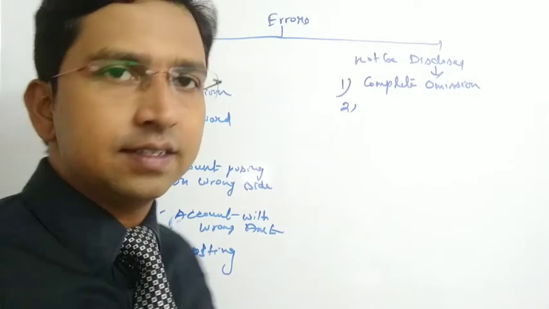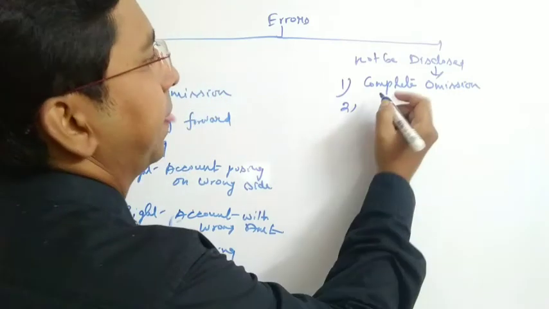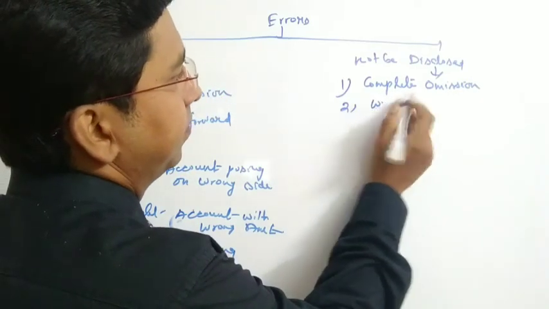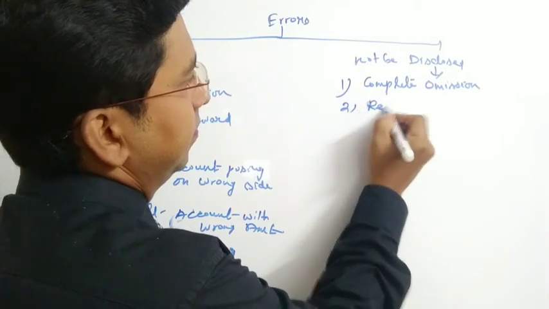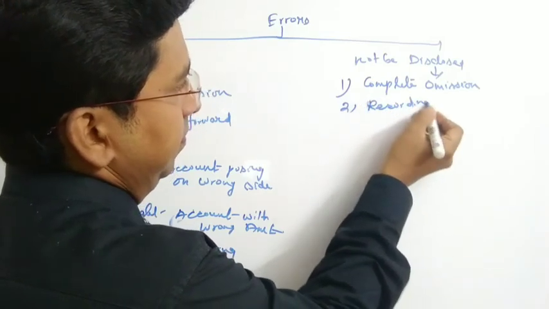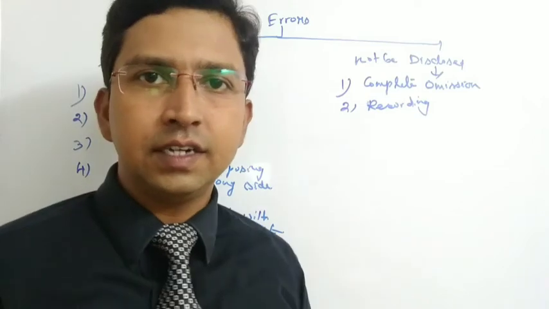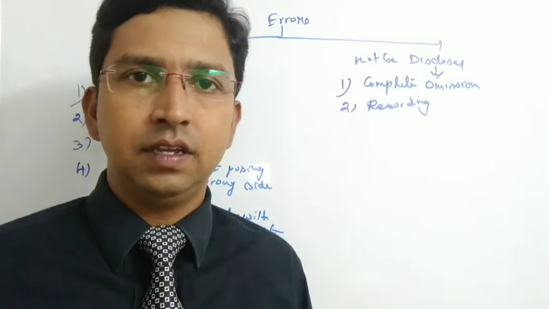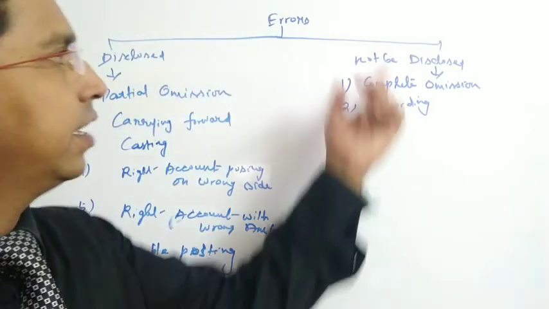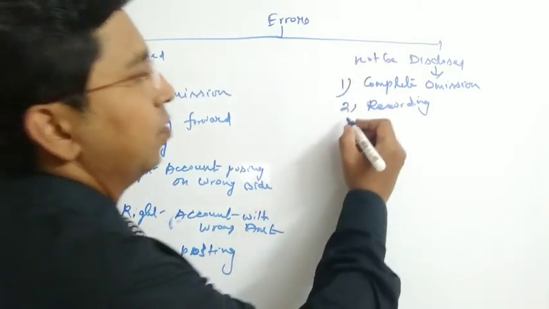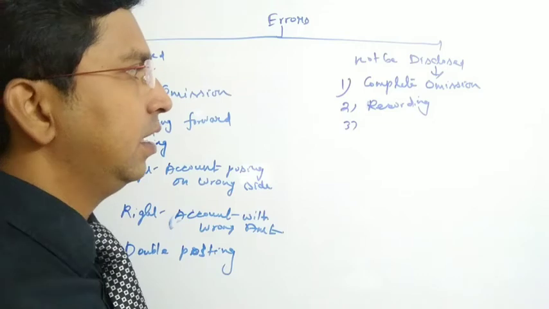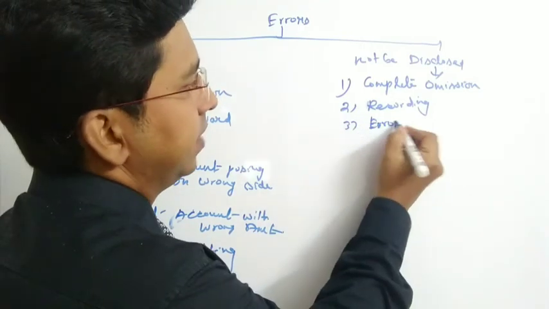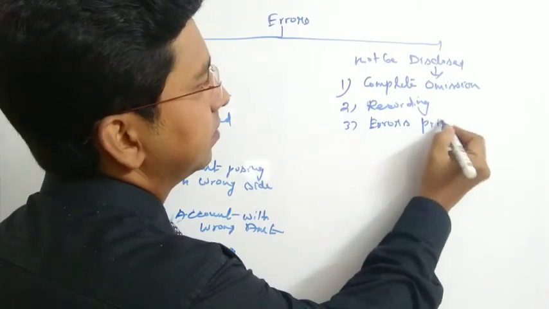The next one is recording. When we are recording a transaction into the books of original entry, we may commit some errors. So that kind of error cannot be identified or disclosed. The third one is errors of principle.